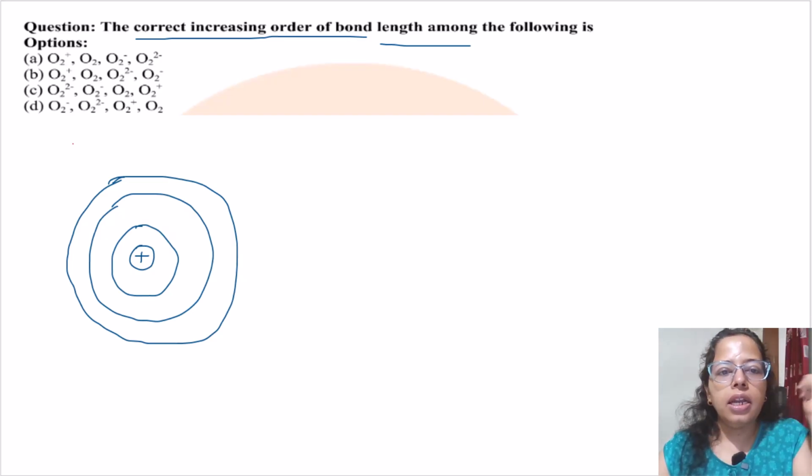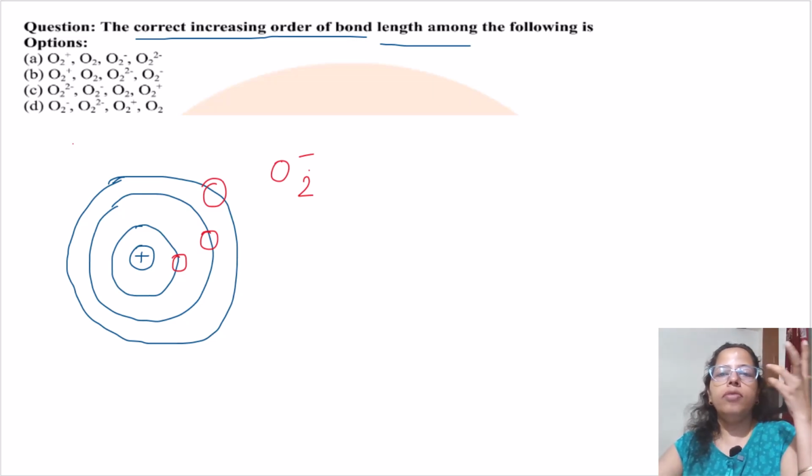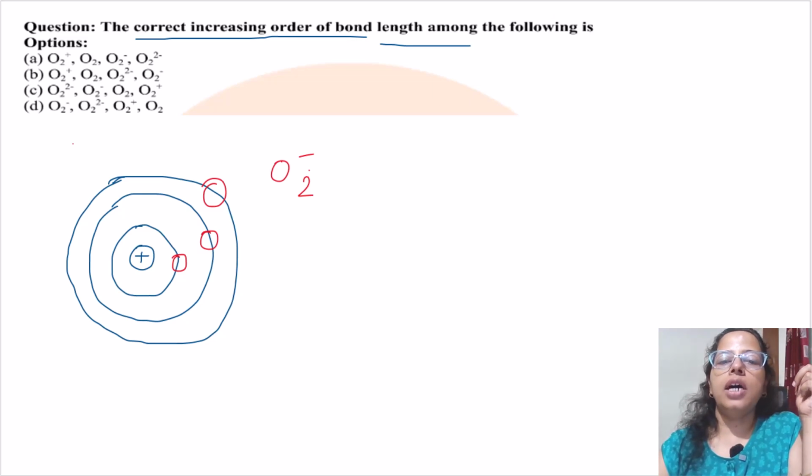In case of an anion, we have an additional negative charge, as you can see here, given as O2 minus. We have an extra electron, so we have some initial electrons, and then an additional negative charge, which is the additional electron.